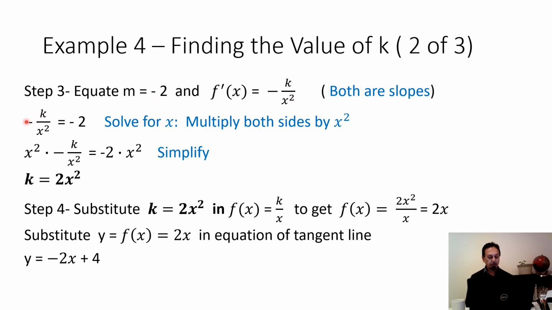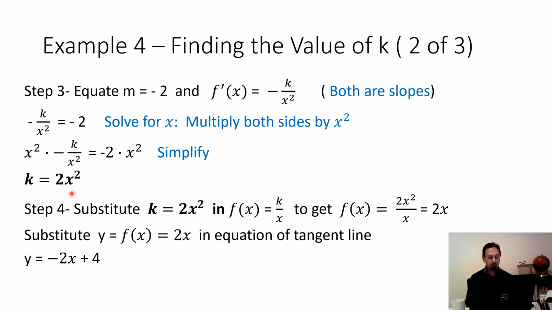So we get the equation negative k over x squared equal to negative 2. Now we multiply both sides by x squared. It becomes x squared times negative k over x squared equal to negative 2 times x squared. Now x squared cancels with x squared, and negative cancels with negative. So you have k and you have 2x squared.